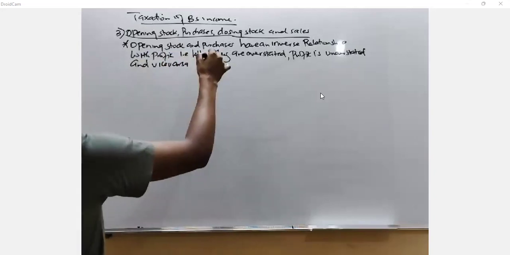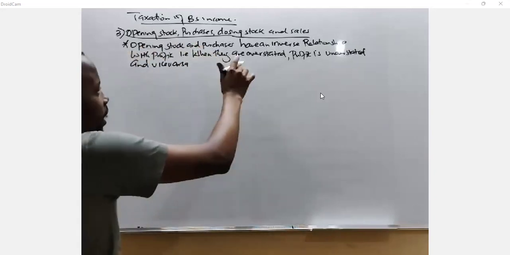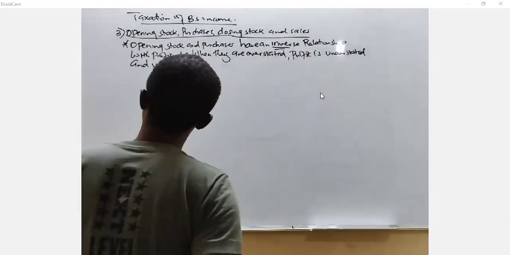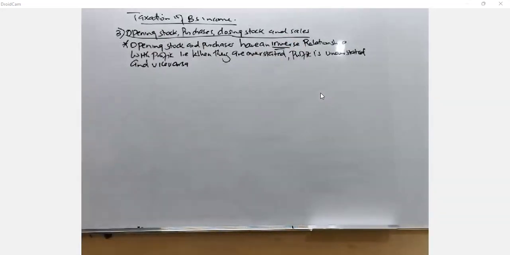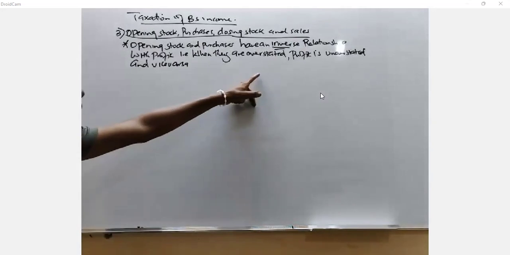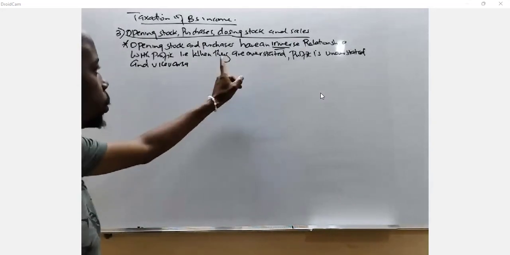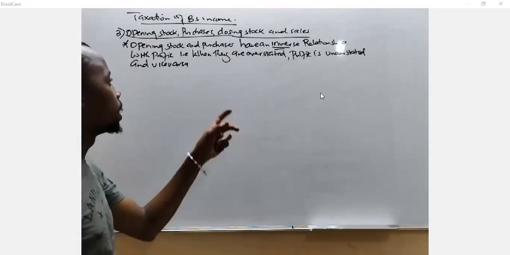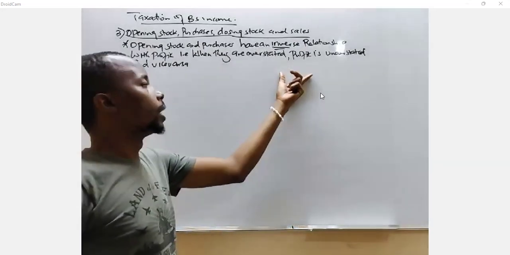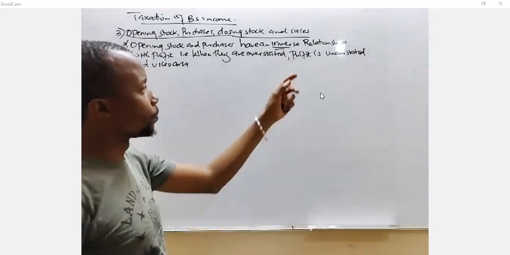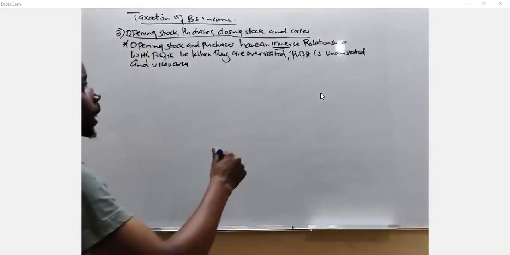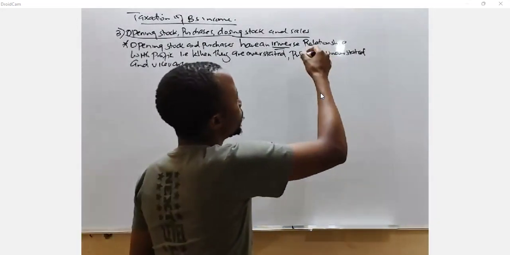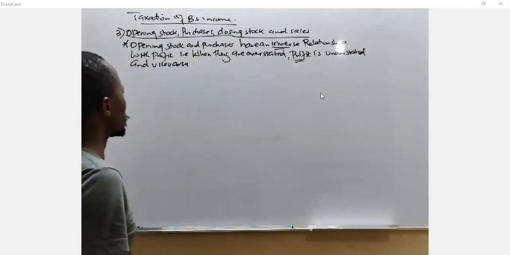So you see, the opening stock and the purchases have an inverse relationship with the profits. So when you overstate them, when you increase the figures, when you make errors in the double entry, they are going to have some behaviors in terms of the profits. And that is why we are saying that our profit is going to be understated.